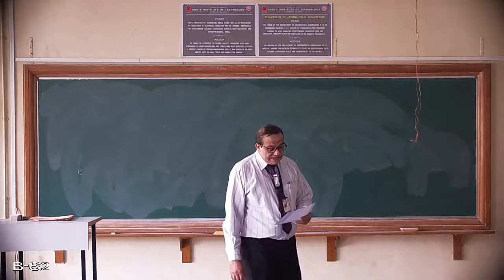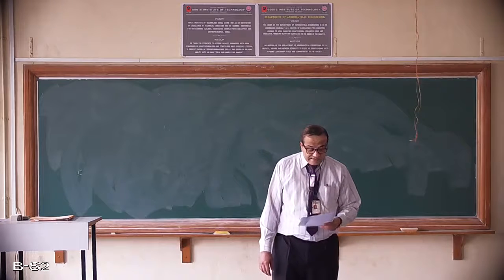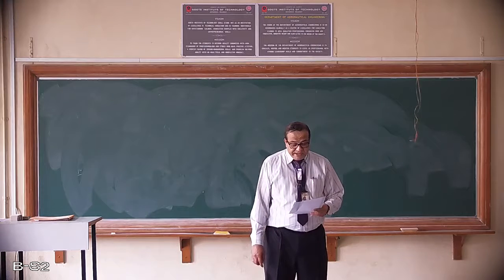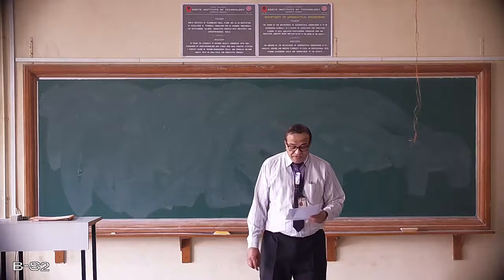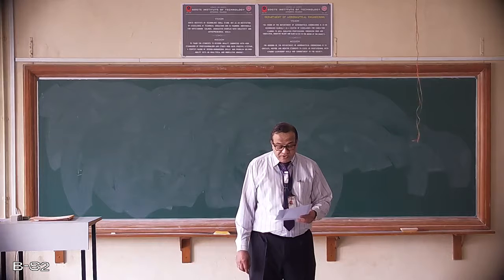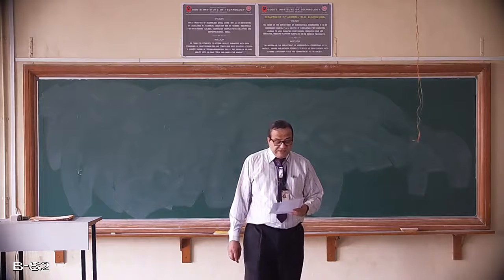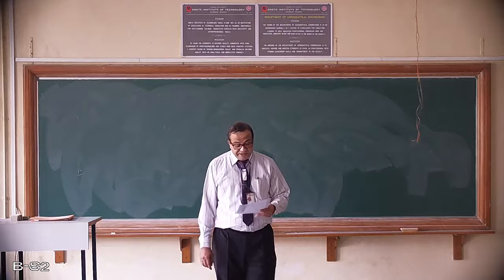A single stage reciprocating compressor takes 1 meter cube of air per minute at 1.013 bar and 15 degrees Celsius and delivers it at 7 bar.